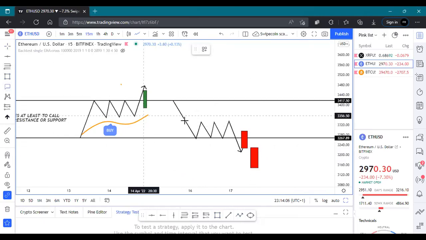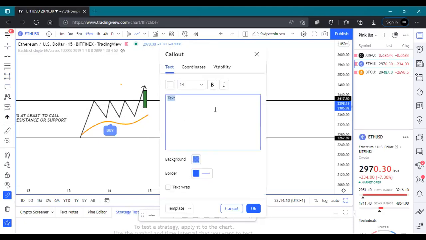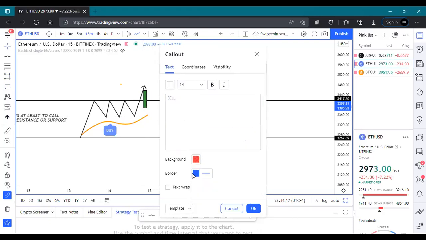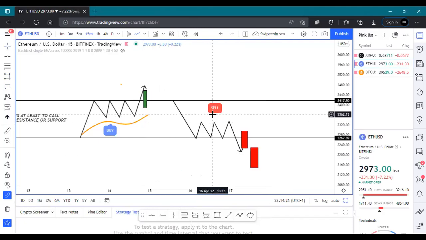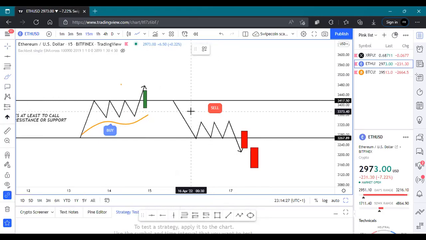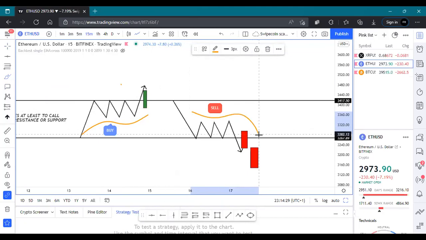For this one, you're going to be having sell. With that indicator I just showed you, sell is going to pop up and your moving average this time around is going to be on top of the market.